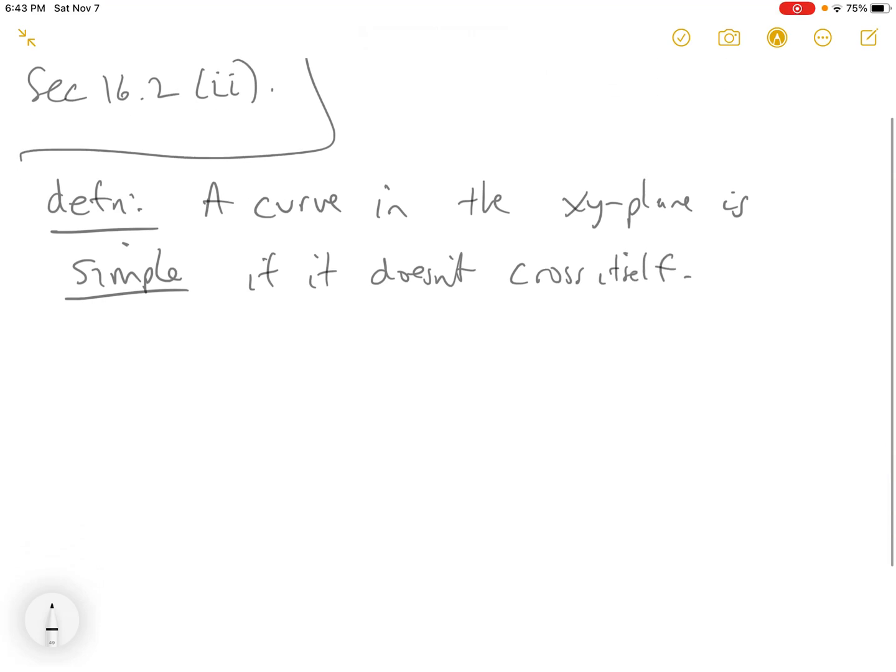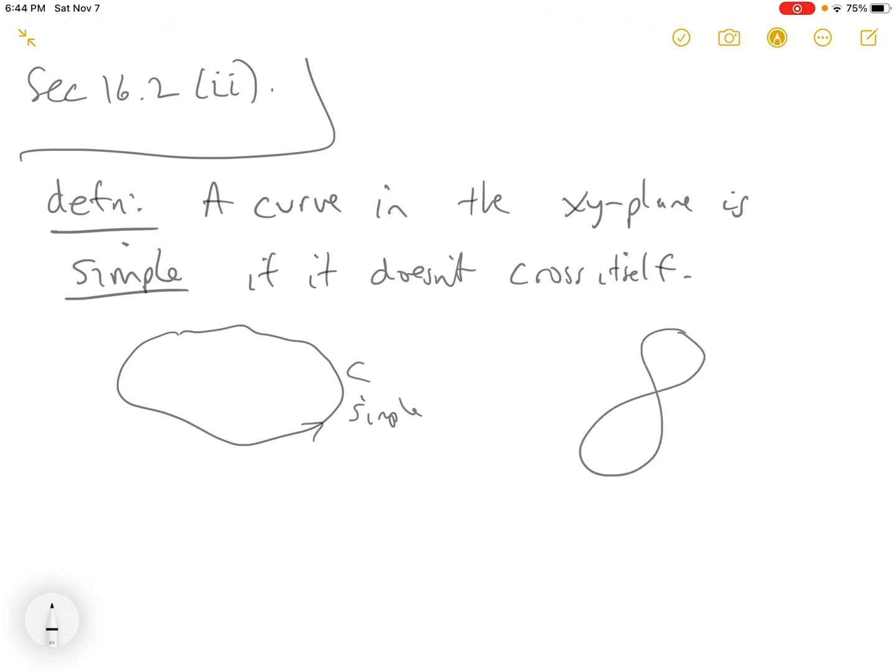Okay, so here's an example of a simple curve. And this one is not simple because it crosses itself.